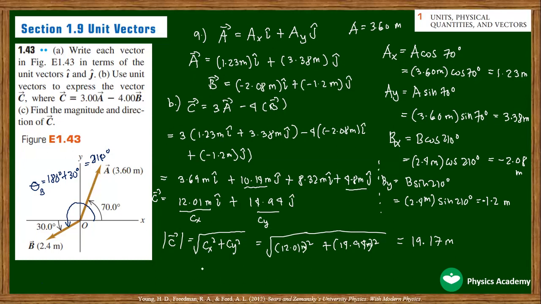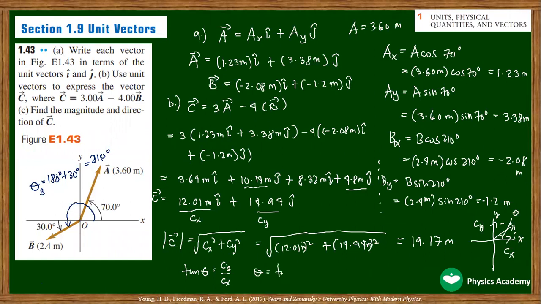Now for the direction, you have positive Cx and positive Cy, so your vector lies in the first quadrant. You want to find this angle theta. Tangent of theta is the opposite over the adjacent, which is Cy over Cx.